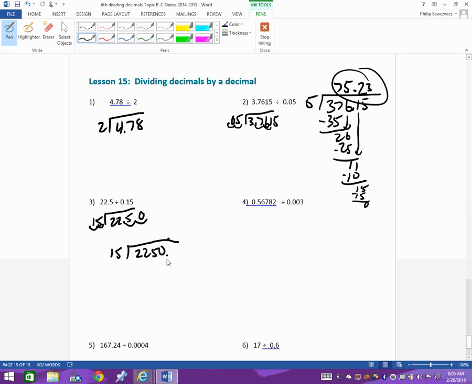All right. If you want to push your decimal up, just in case we need to do that, we can. All right. So let's see what we got going on here. How many groups of 15 can you take out of 22? Now it seems vicious, but hey, it's only 1. All right. 1 times 15 is 15. Subtract, you get a 75. And how many groups of 15 out of 75? Yeah, you might need to do some multiplication off to the side, kind of guess a little bit there. 80.